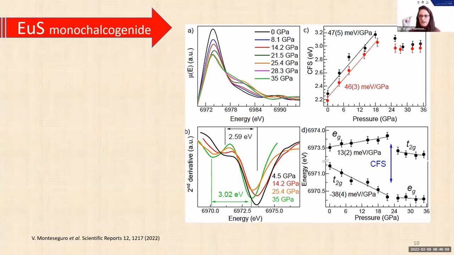You know, 5d levels are split into two levels, T2g and Eg. So if we do the second derivative, we can distinguish this double-peak character of 5d orbitals, as you can see in figure B. And we can study the pressure evolution of both peaks.